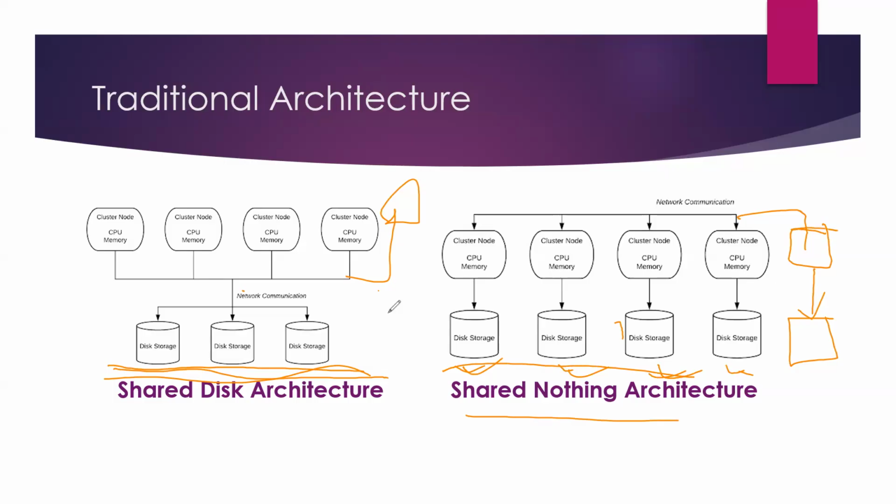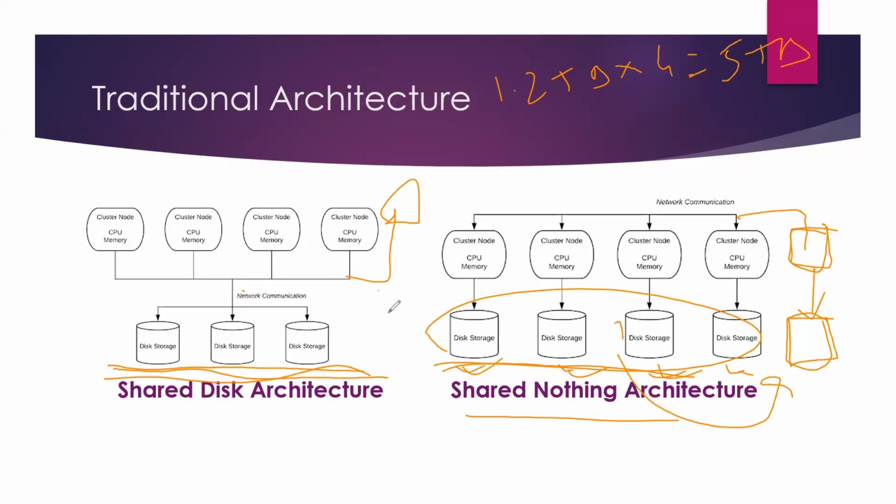What happens if I add one more node? I need to add a separate disk storage, and I need to redistribute the data of four disk storages across the five storages. For example, there are 4 nodes, each disk storage having 1.25 TB, total 5 TB of data. If I add one more node, total nodes are 5.